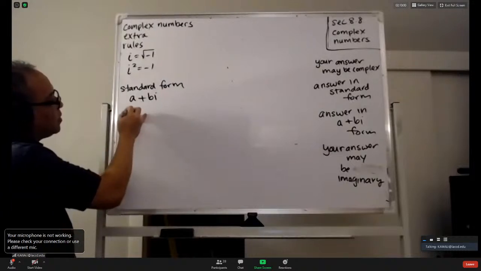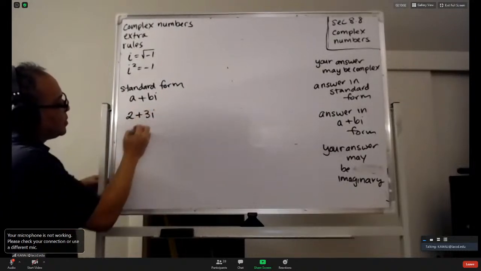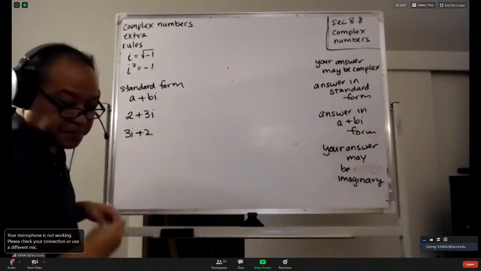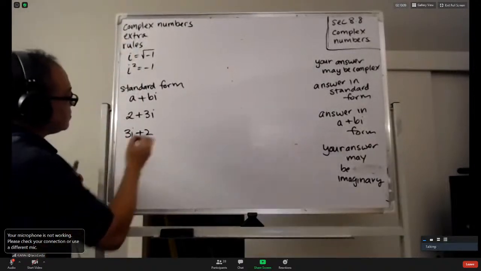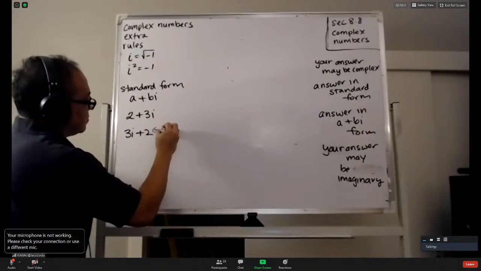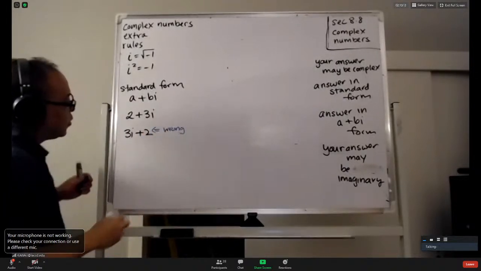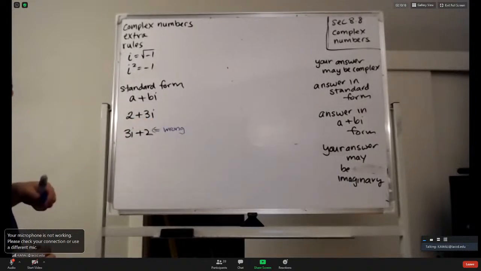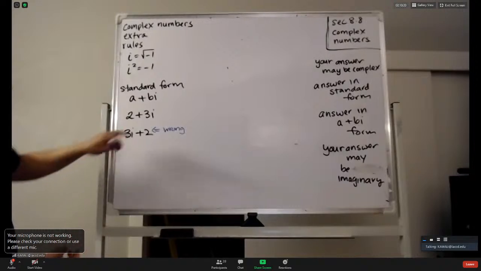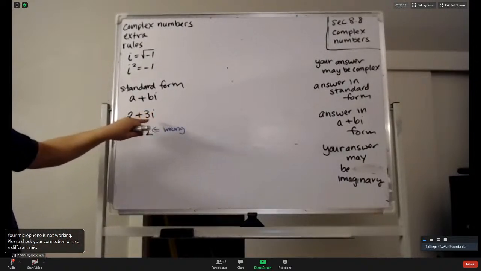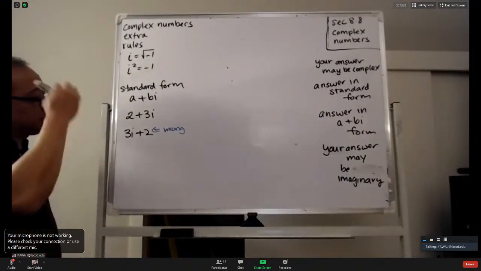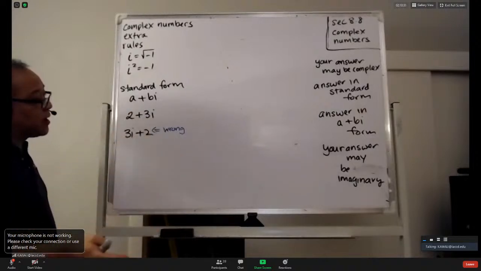Meaning that our number looks like 2 plus 3i. That's correct. If you write 3i plus 2, this is wrong. The reason why is that the i has to come second. Now, the tradition is that you put the i behind the number. I talked to one of my favorite professors at Cal State, the guy who wrote the book on complex numbers.